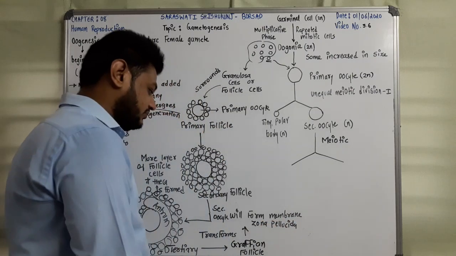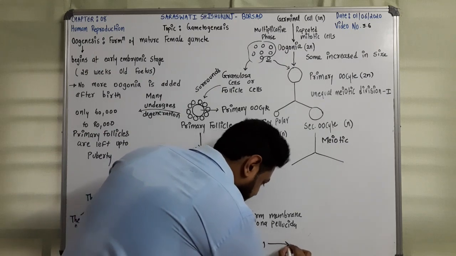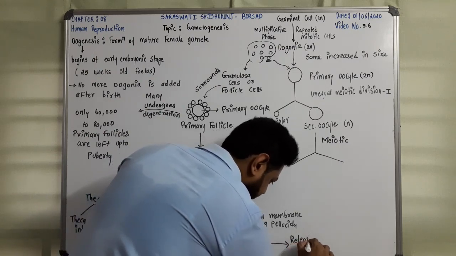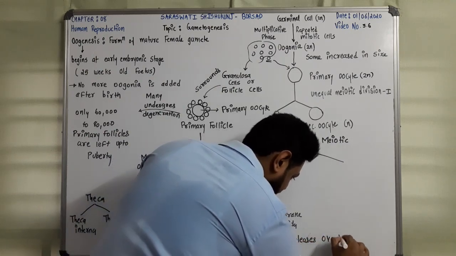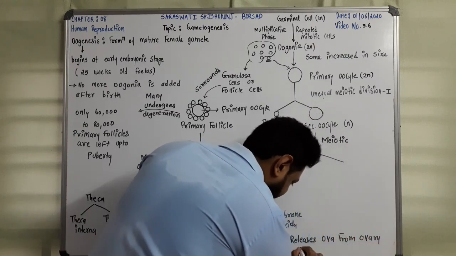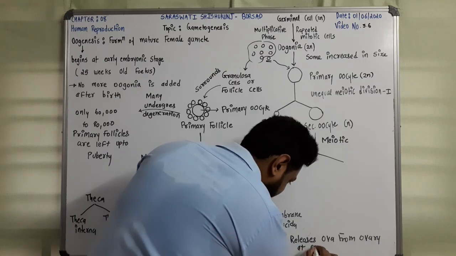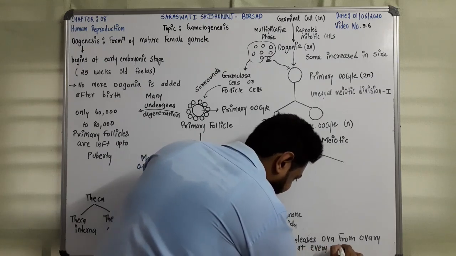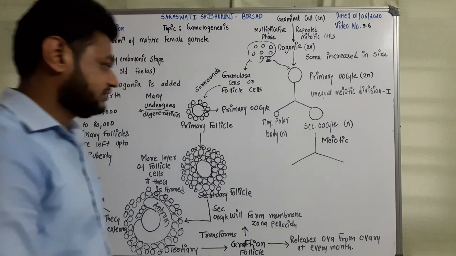Now this Graafian follicle releases the ova from the ovary every month. Okay, so this is the stage.